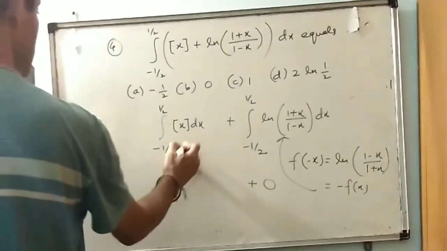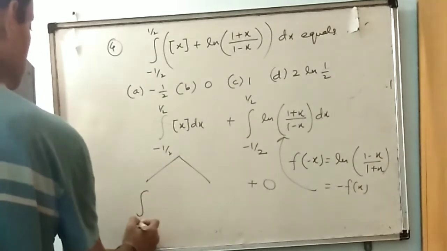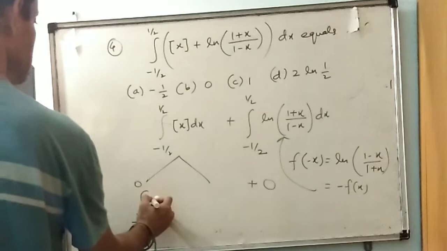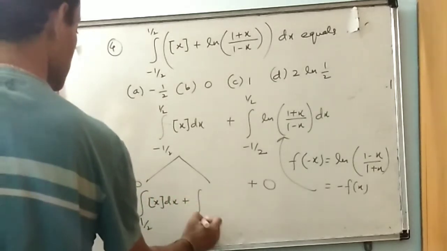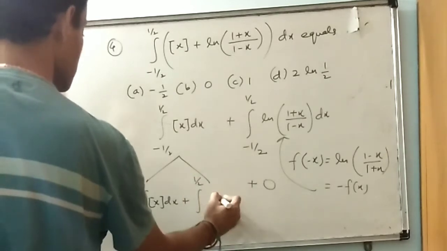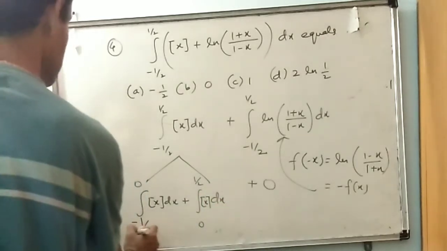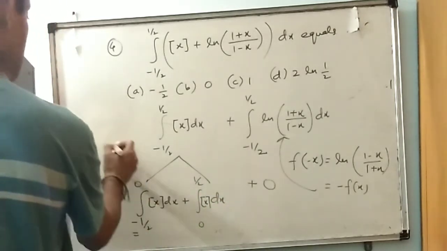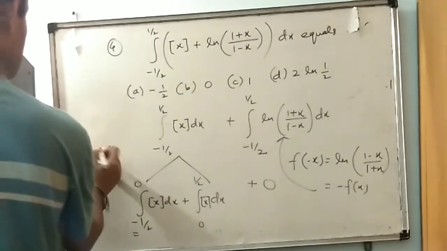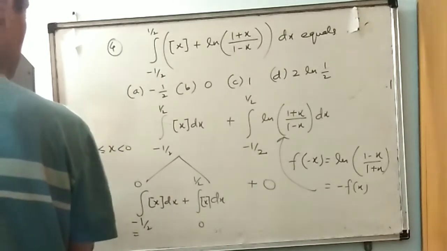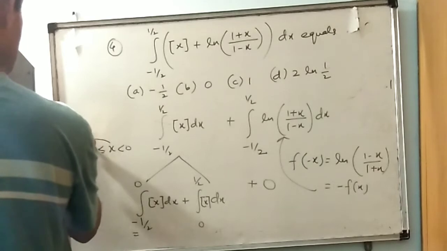Now let's talk about this. This can be split into two parts. One will be minus half to 0 and the other one will be going from 0 to half. When x is lying between minus half and 0, then the greatest integer is minus 1.